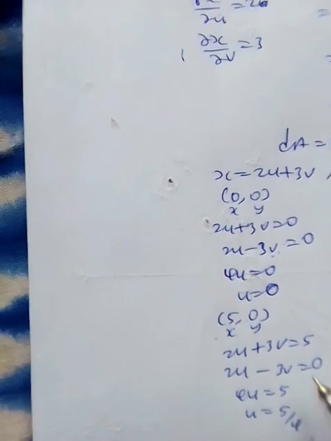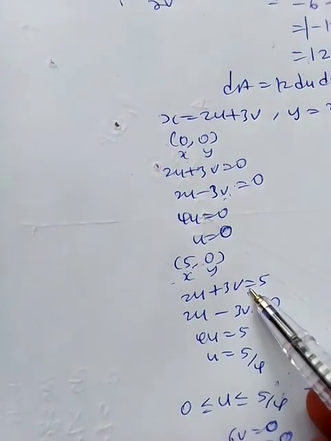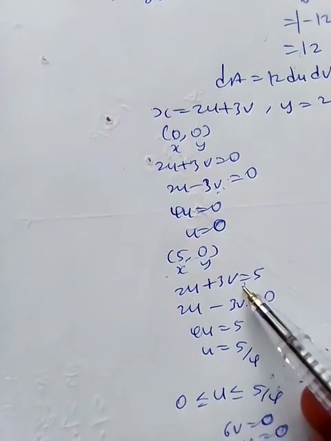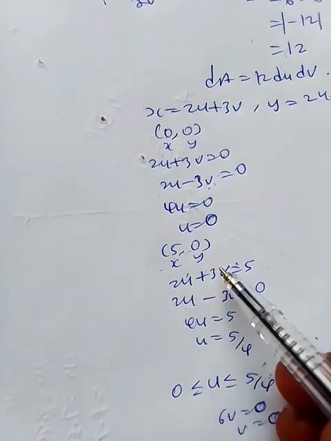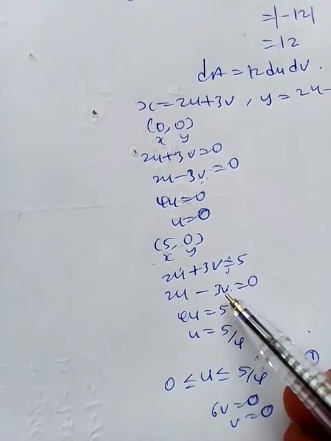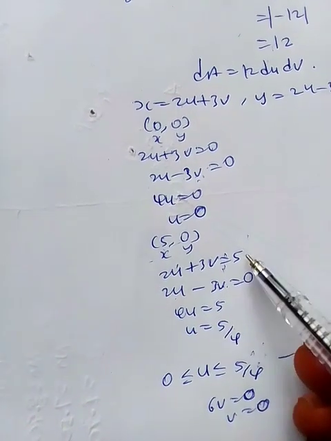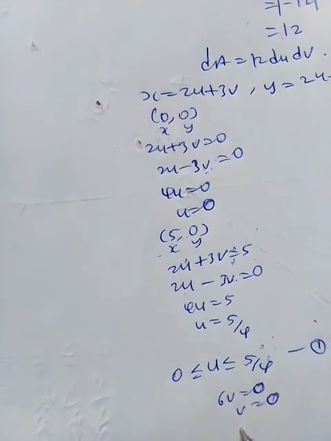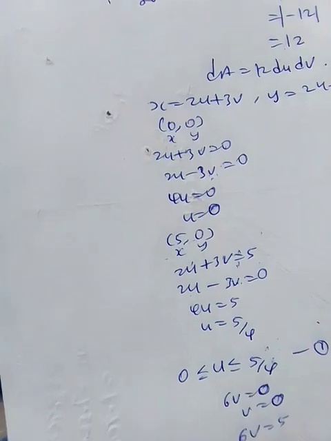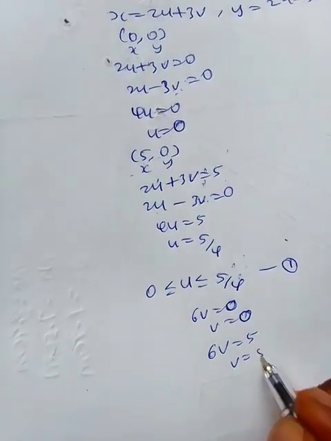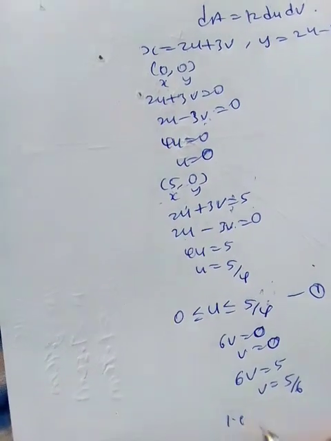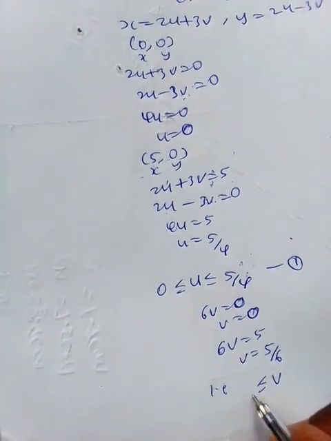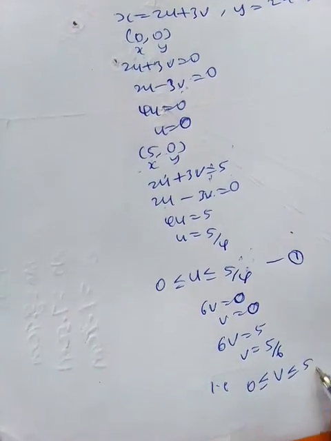Also, from these two equations, when we subtract one from the other, we're going to have 2u minus 2u, that's 0, 3v plus 3v, that's 6v, equals 5. So we have 6v equals 5, so v equals 5 over 6. That is, v is between 0 and 5 over 6.